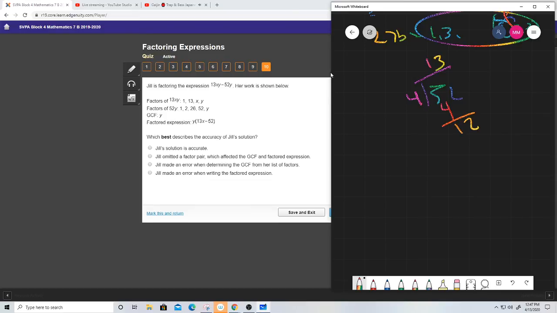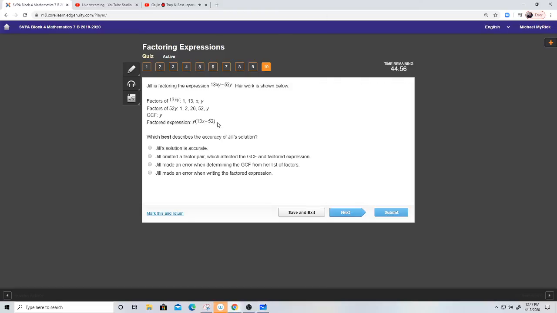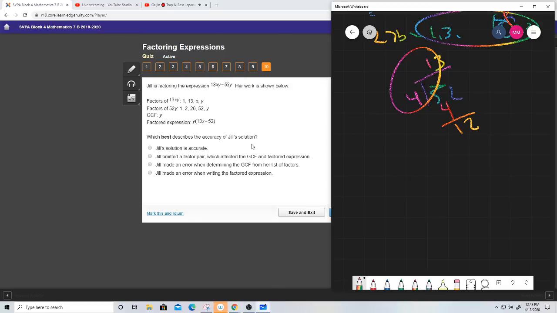So we already know that she's missing 4 and 13. Yeah, she says the GCF is Y, but we're missing 13 and 4. Factored expression. Oh, snap! There we go. There's our 13. Jill's solution is correct.